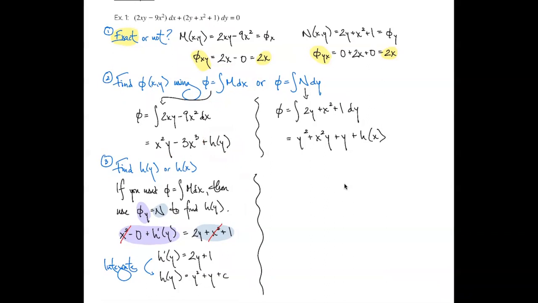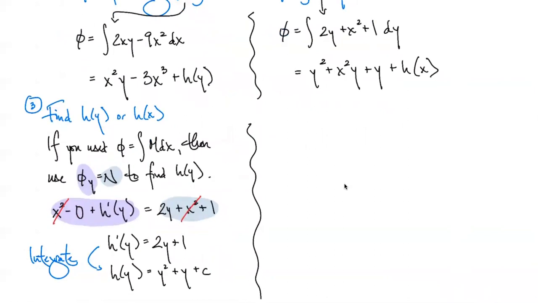Now, the other way, we did our setup where we integrated n with respect to y. And instead of ending up with an h of y, we ended up with an h of x. And so in this step 3, we're going to need to find h of x. So let's write a similar sentence here.